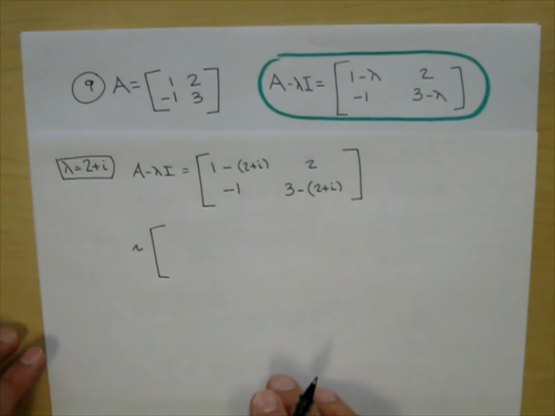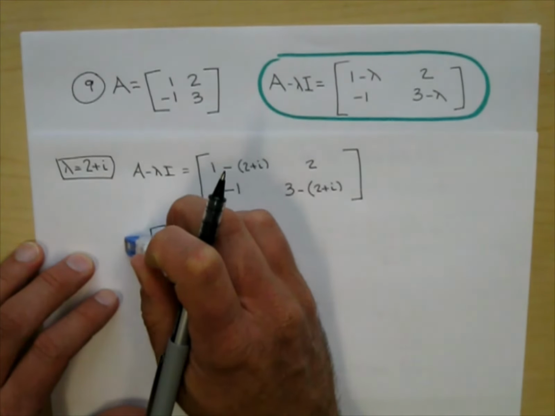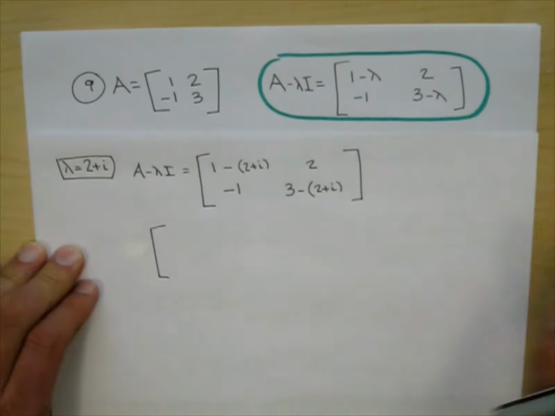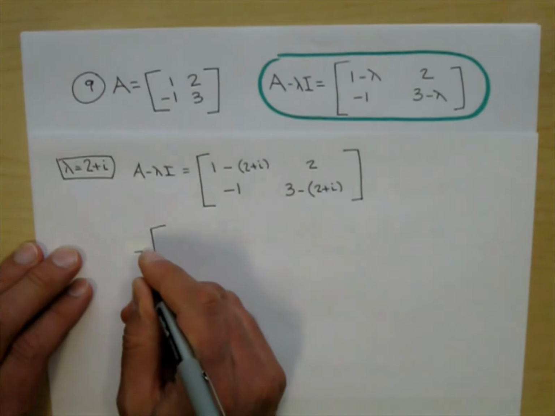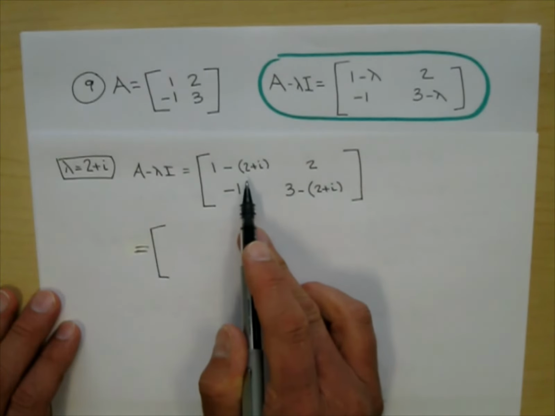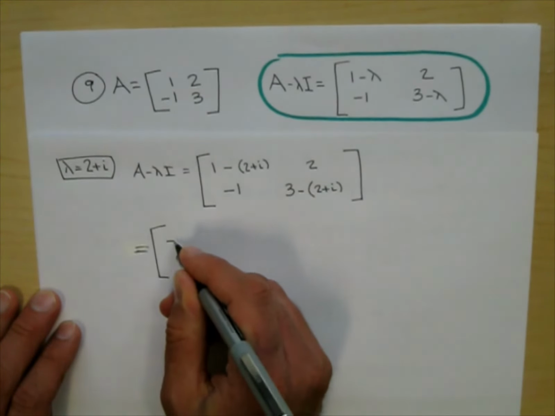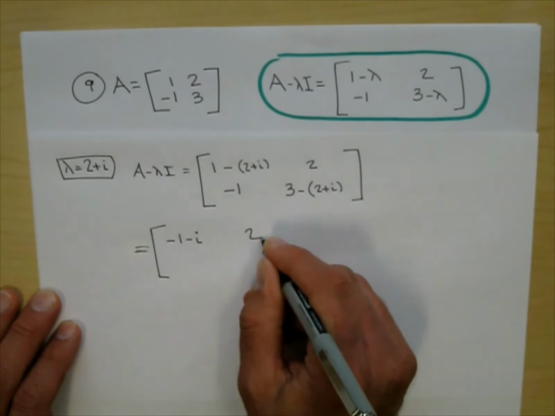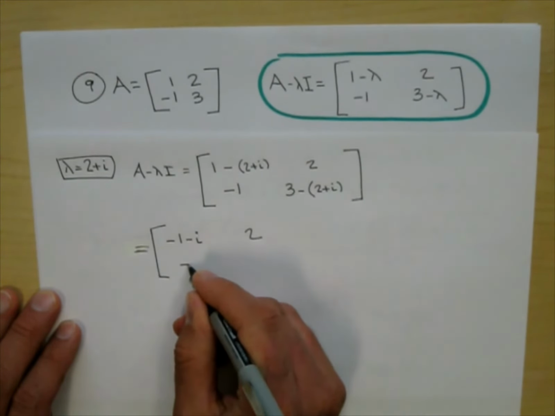Boy, when it rains it pours with the whiteout, doesn't it? This is actually equal to, because all I'm going to do is clean this up here, negative 1 minus i. Then I have 2. Then I have negative 1 there.